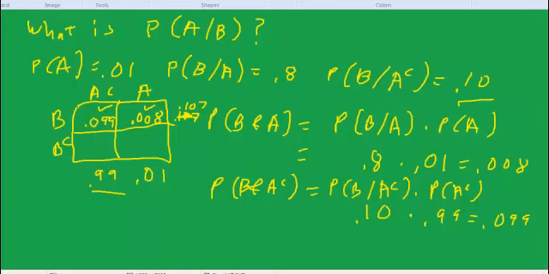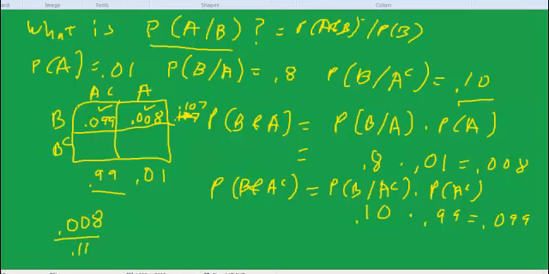And now what we want to find is the probability of A given B. Now we have B, so that's equal to the probability of A and B over the probability of B, and so that's 0.008 over 0.107.